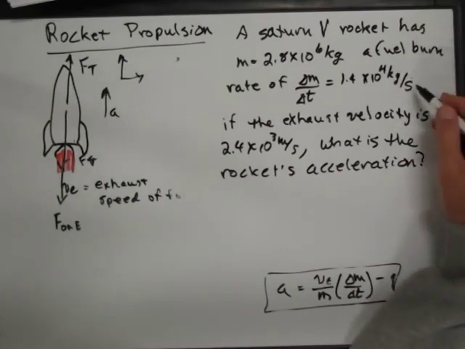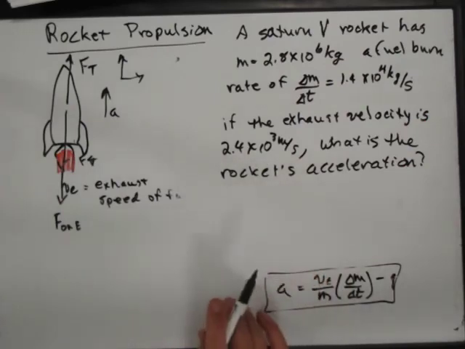If the exhaust velocity is 2.4 times 10 to the 3rd meters per second, what's the rocket's acceleration?